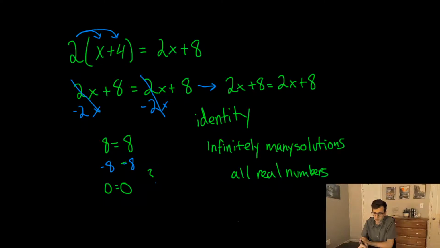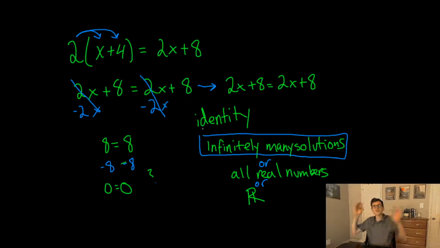Or you might see it written like this, a fancy R with 2 lines. But generally, I like saying that there's an infinite number of solutions. Any number you want to put in, no matter what it is, you're going to get a true statement. So here, our equation has infinitely many solutions.